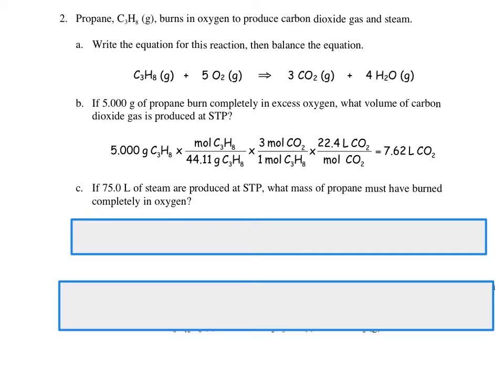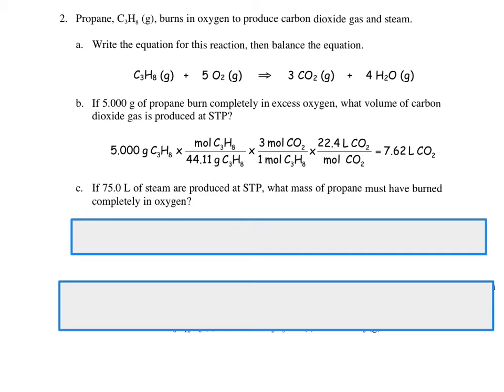So there we have our grams of propane starting off. First step is always to convert to moles. In this case, we need the molar mass of C3H8, 44.1 grams. Using the mole-to-mole ratio from the balanced equation, we can switch from the given propane to the compound that the question is asking about.